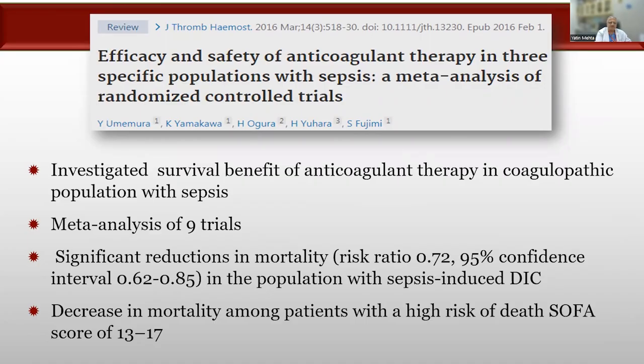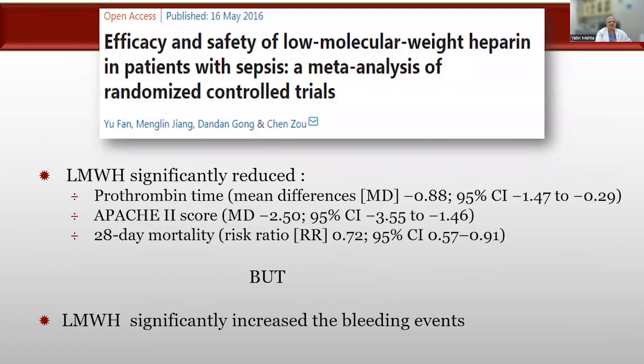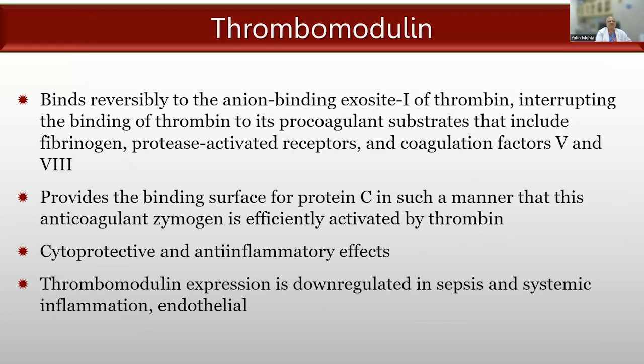And the sicker the patient, the better the result of anticoagulation. In this Chinese paper, low molecular weight heparin significantly reduced PT and APACHE 2 scores and 28-day mortality, but with significantly higher bleeding events.